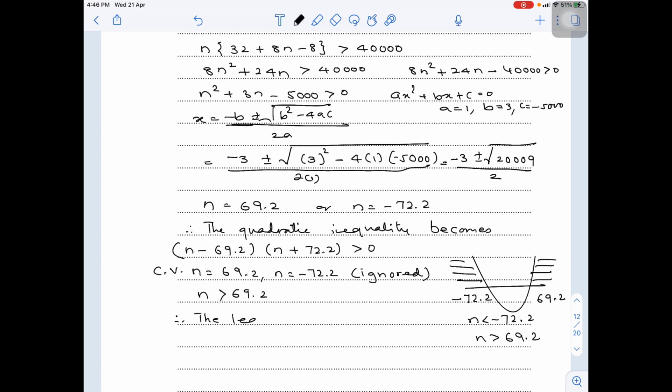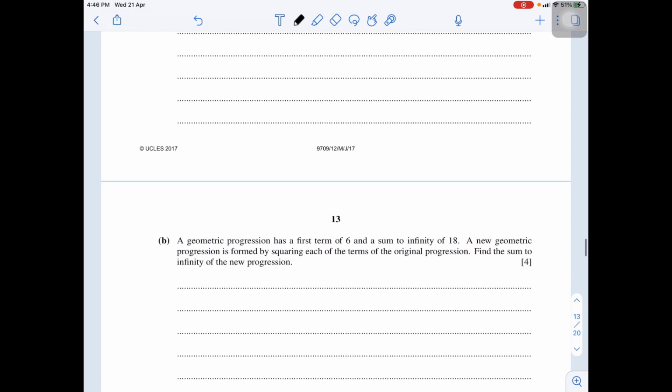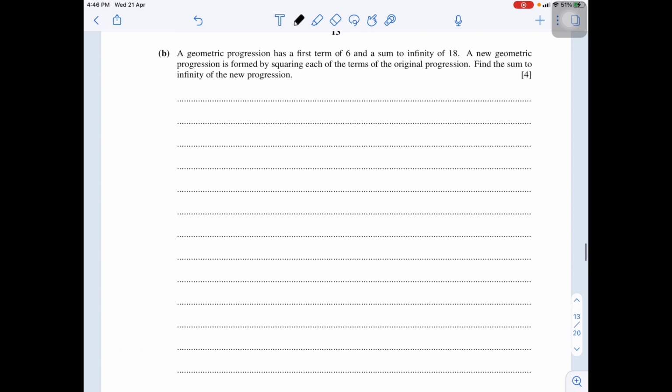That's what I was trying to say. So n is more than 69.2. Therefore, the least number of terms required, more than 69.2 and an integer number, is 70. So n is 70.